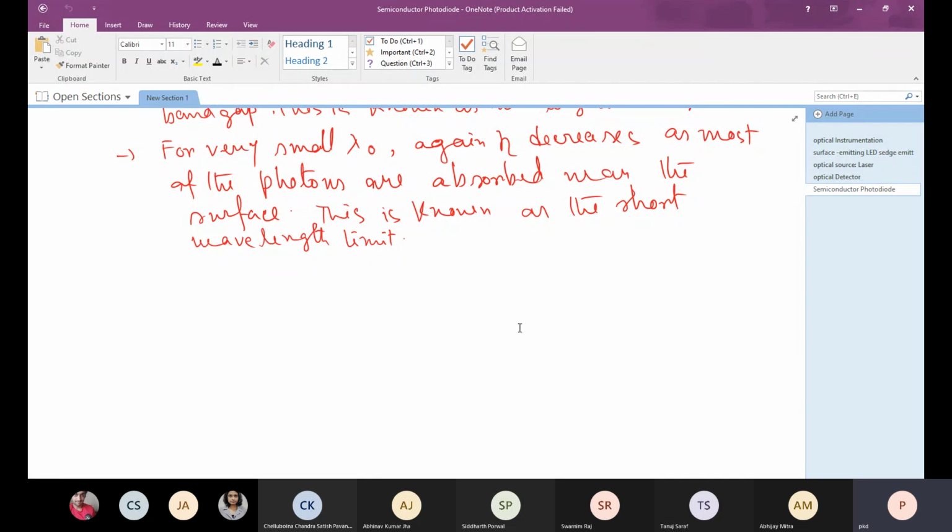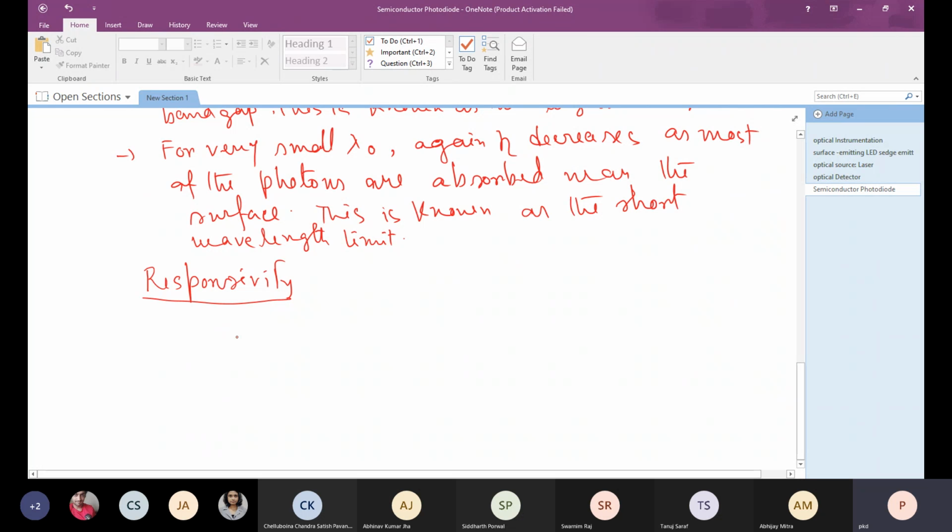Now of course we shall discuss one more property, that is the responsivity of the semiconductor photodiode.